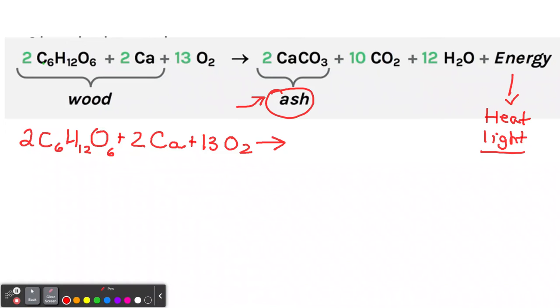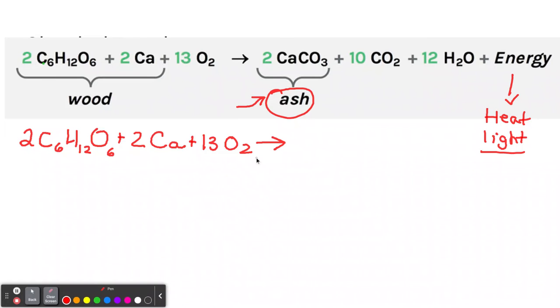All right. And so when the wood becomes ash, it's a different substance. It's not wood anymore. And you can't take this ash and turn it back into wood. So it's a one-way change in this case. That's why the arrow is pointing only in one direction.